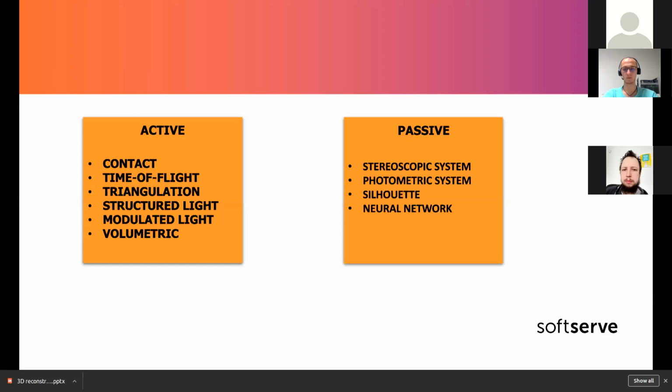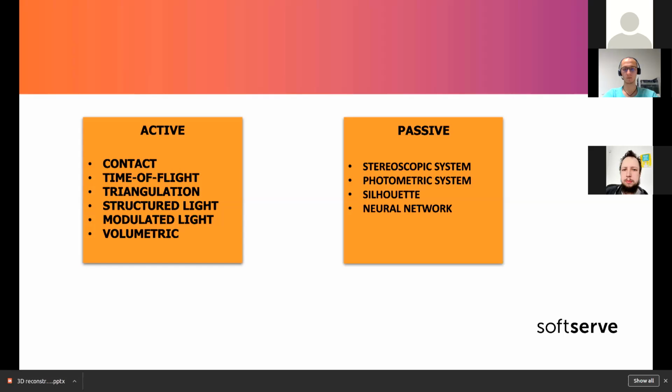Very popular nowadays is time of flight, a technique that uses a time of flight camera sensor that measures the distance between the sensor and the object. The idea is we project some ray on the object and measure the time of reflection, and based on it we can measure the distance very accurately.